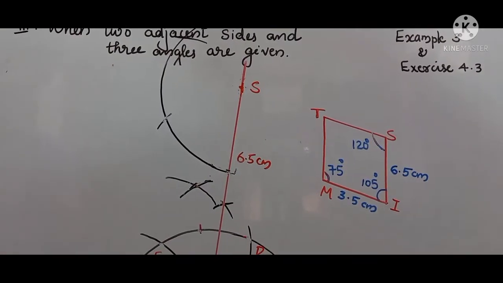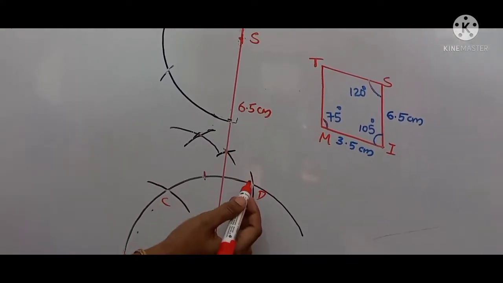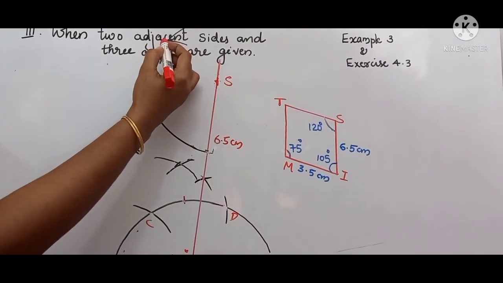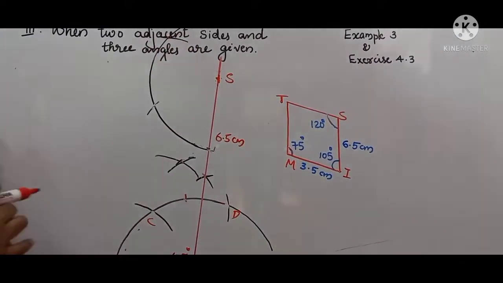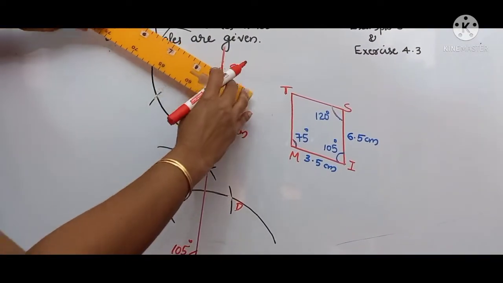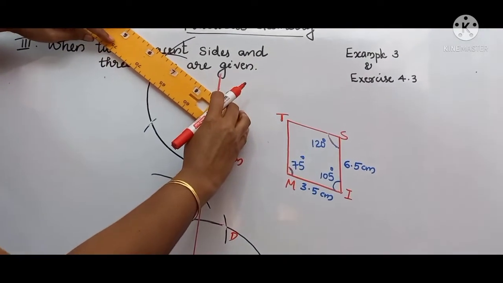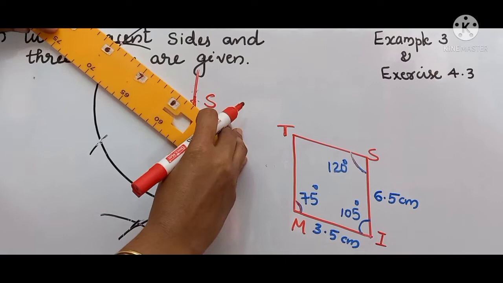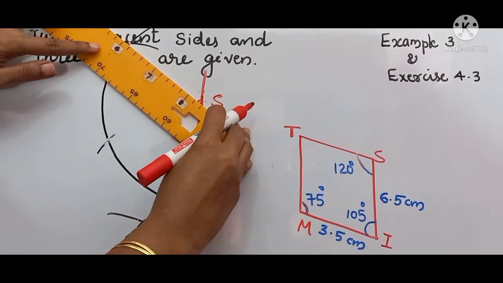Similarly, here what we have done is 60 degree, then 120 degree, here also the same way, 60 degree, 120 degree, and this is our 120 degree. So we have to join this 120 degree. This is the point S, and at S, the 120 degree angle point we have marked, that also we have to join now.